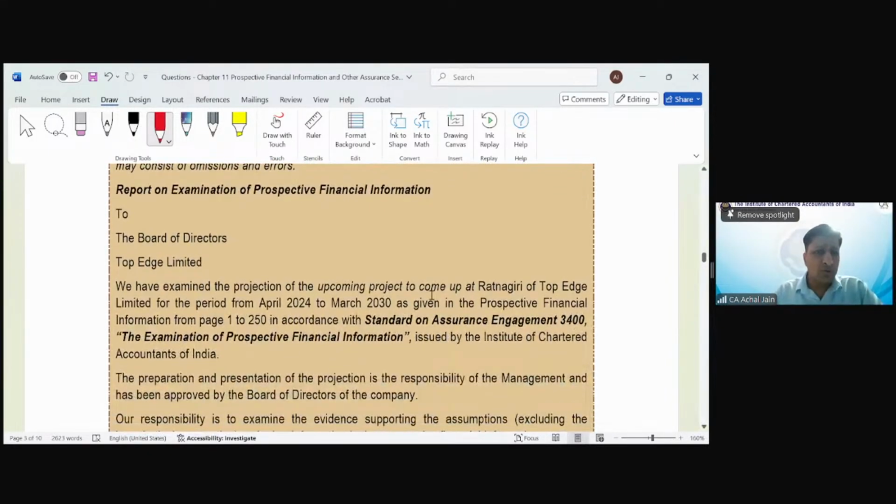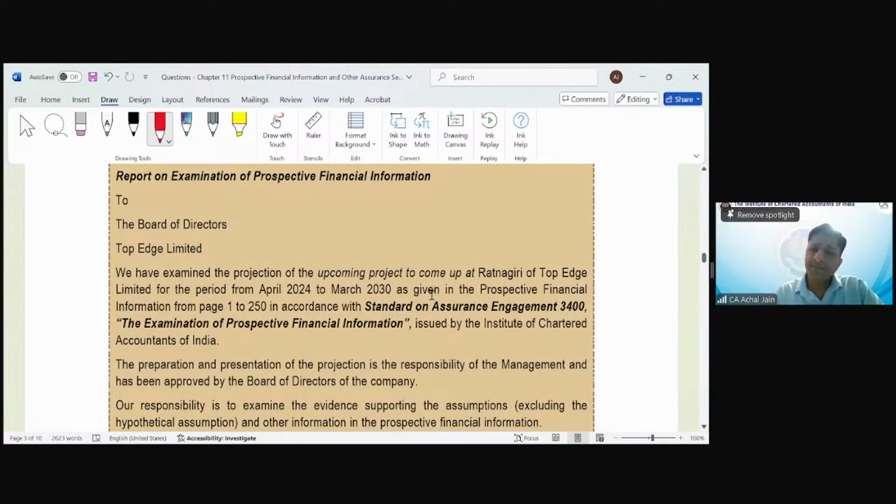So let's go through this report once. Okay. If you want, you can just also refer to the study material because you'll have to keep referring to this sort of information because we'll have questions based on this, right? It's addressed to the board of Topaz Limited.